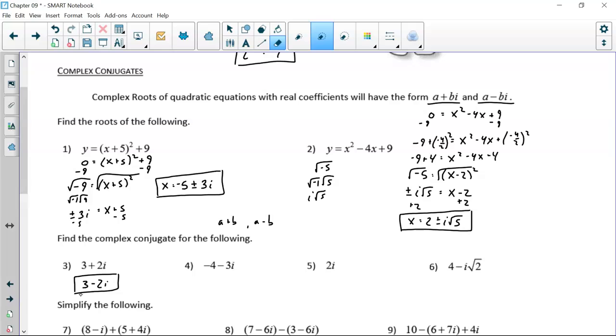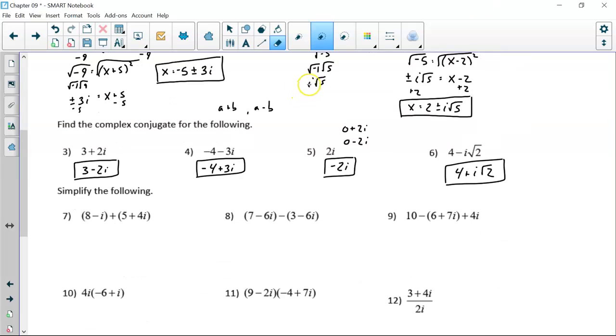The complex conjugate of -4 minus 3i is -4 plus 3i. The complex conjugate of 2i, what really is there is 0 plus 2i. So the conjugate would be 0 minus 2i. So the complex conjugate is just -2i. And 4 minus i root 2, 4 plus i root 2. We'll be using complex conjugates later on in this section.